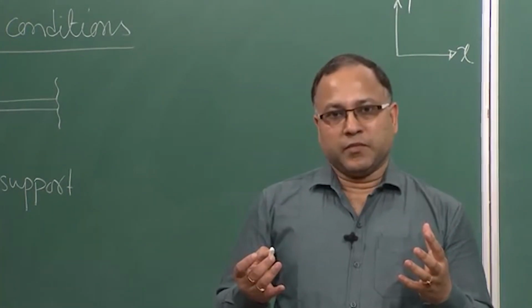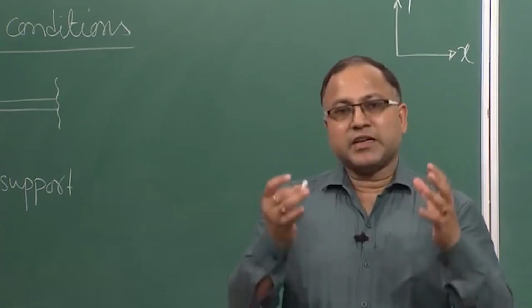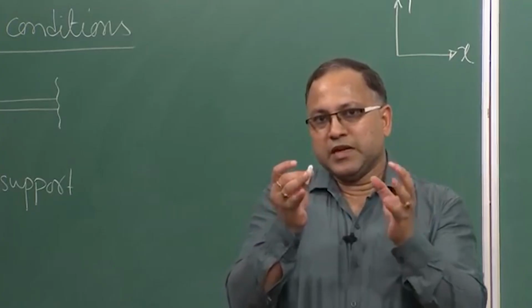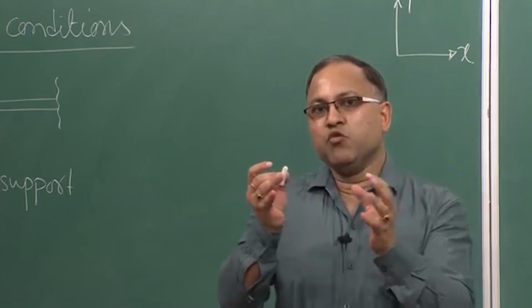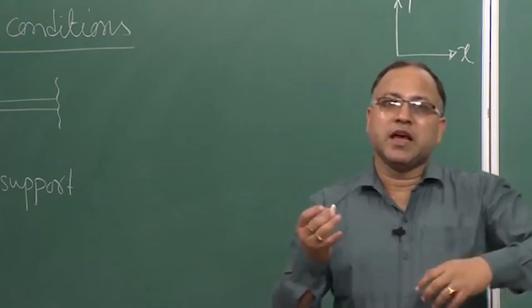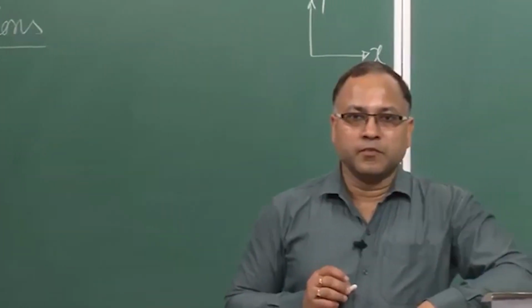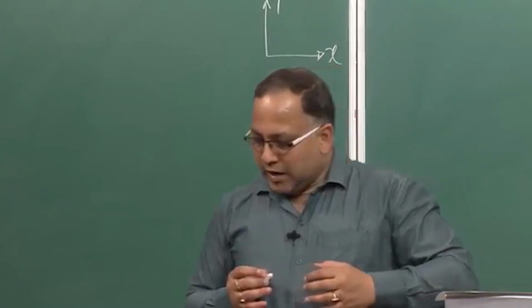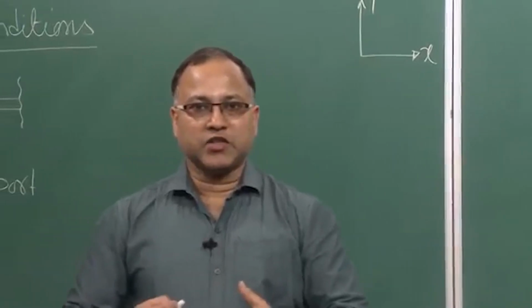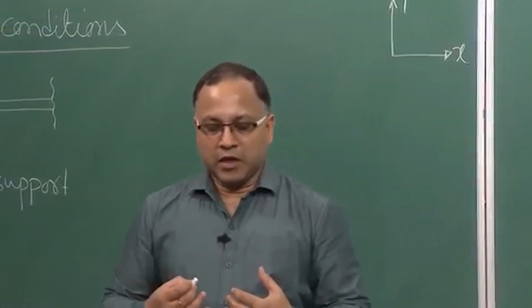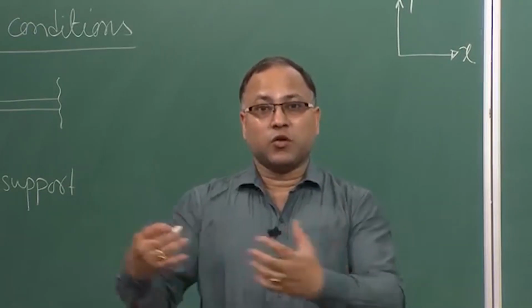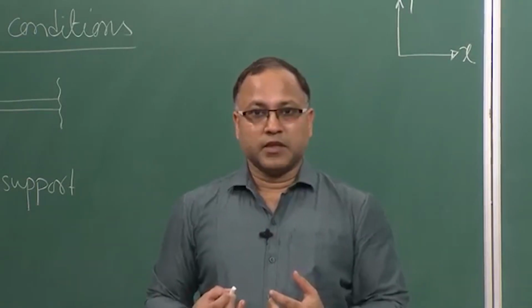What does it mean? It means that if I restrict any system or any component of the system from any movement, then in that direction I will be getting some reactions. Am I right or not? Because I can move in the lateral direction or in the frontal direction, because I do not have any reactions in those directions.